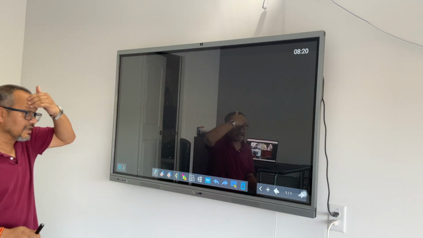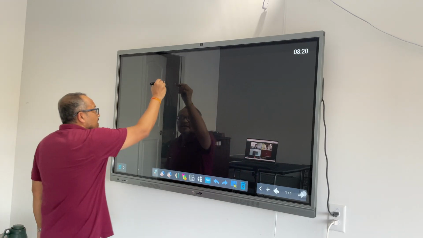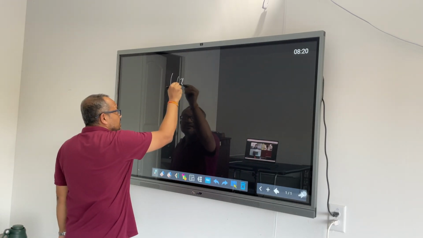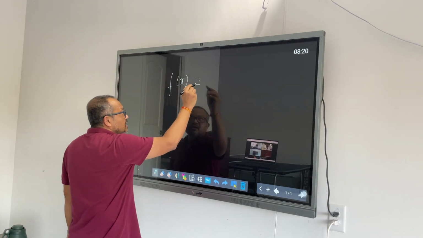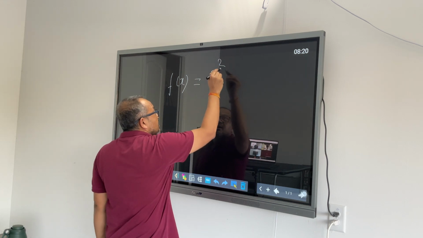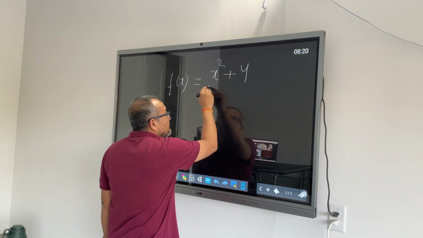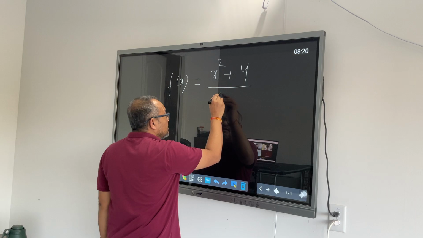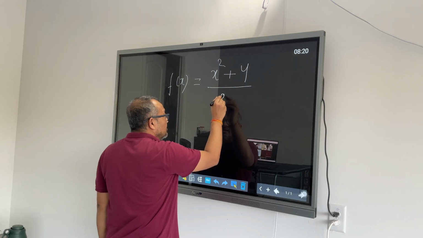Okay, so let's look at some real problem. Let's say I have a function definition as this: f of x equals x squared plus 4 divided by x.